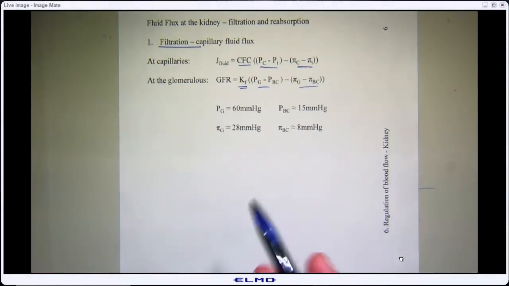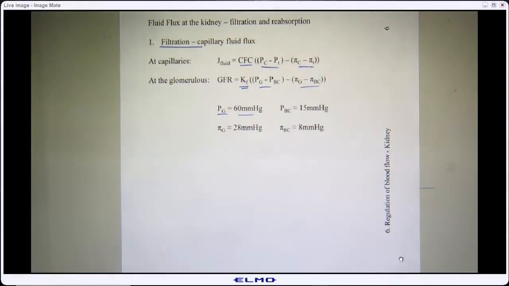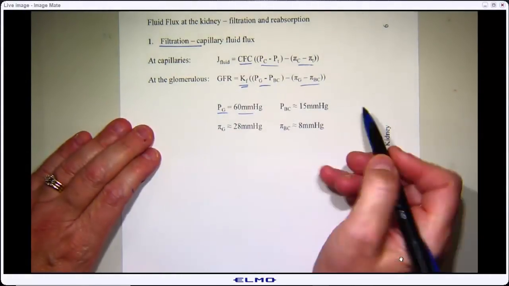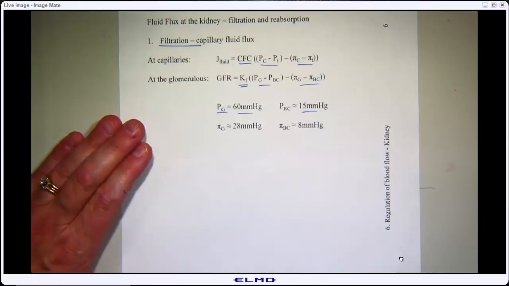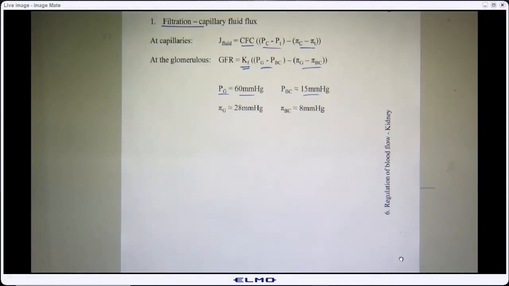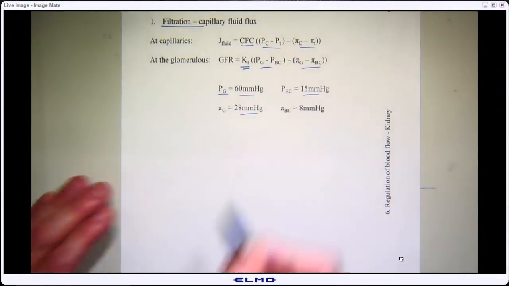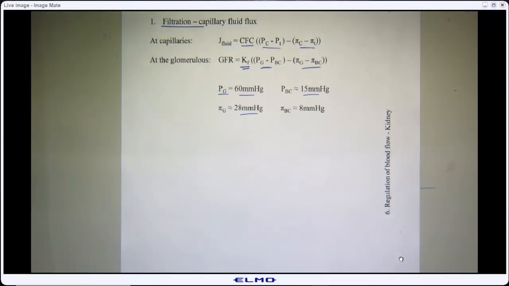If I just give you the numbers, pressure in the glomerulus is high. Our hydrostatic pressure in the glomerulus is higher than we've seen it before because we have those 2 funky arteriole sets. So normal capillary pressure in the glomerulus is high. Pressure in the Bowman's capsule is about 15 millimeters of mercury. Oncotic pressure in the glomerulus is the same as we've seen it before because it's the same blood.